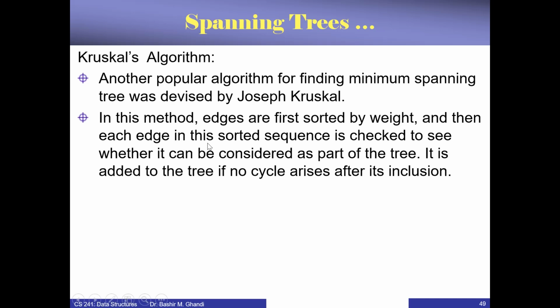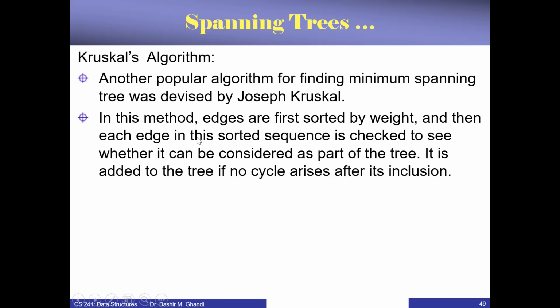And then each edge in the sorted sequence is accepted or rejected. It's checked to see if it will be accepted as part of the tree or not. It will be accepted if it doesn't create a cycle. It is added to the tree if no cycle arises after its inclusion.